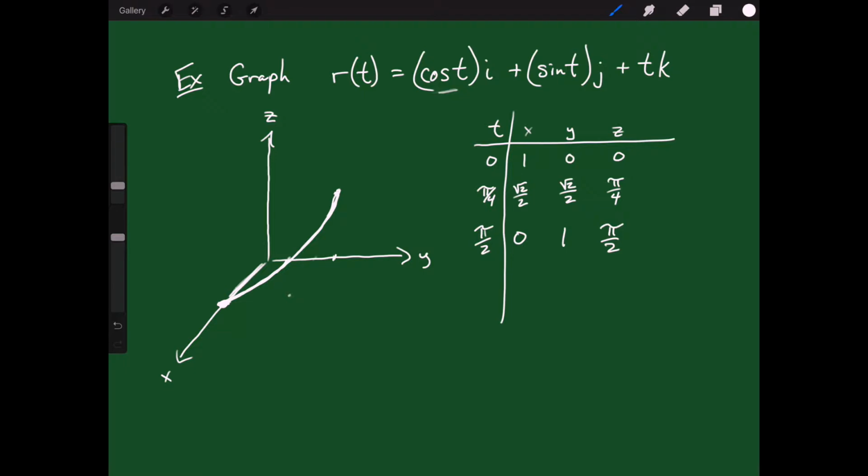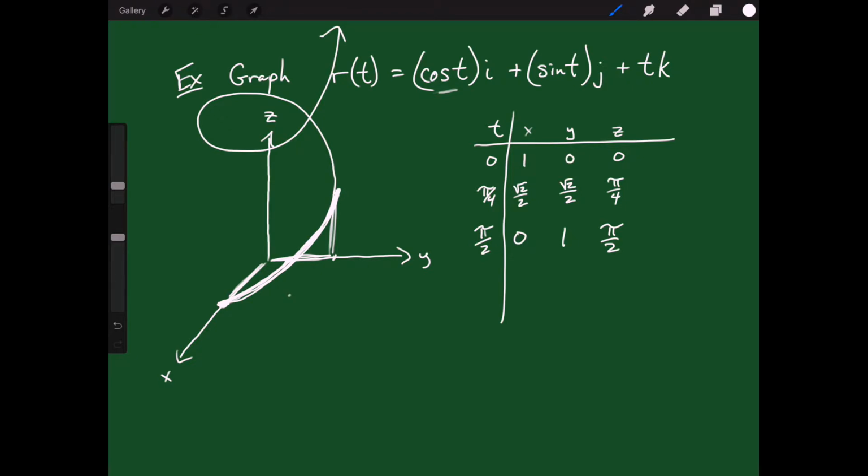This third point I've done is out 0 in the x direction, but it's over 1 and up pi over 2. So it's kind of curling in. Okay, I could keep this up, and what I'm getting is a spiral shape. It's going to spiral up like this. And so you can kind of see how we can use this method to graph a curve in 3 dimensions. These are what we call vector valued functions, and you'll get a chance to look at some of that in your homework.